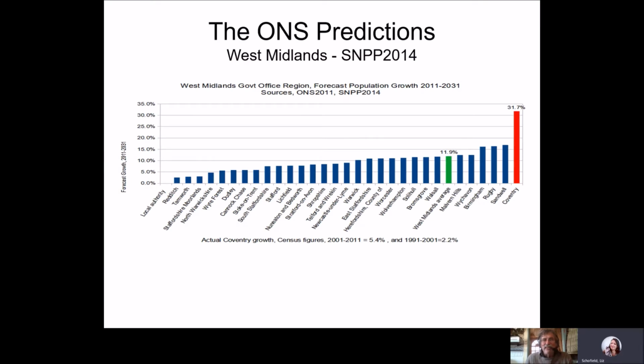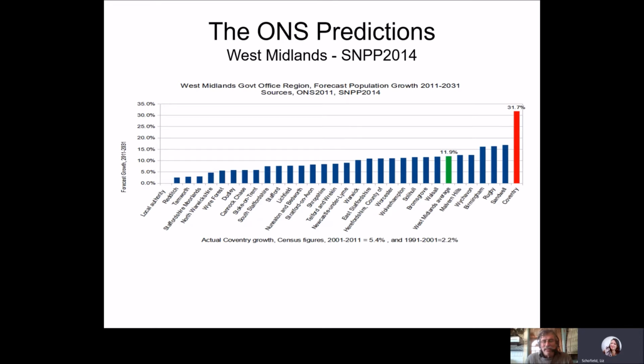So this graph here really tells the whole story of what I'm going to show to you. This graph shows the ONS 2014 predictions for population growth in and around Coventry and in the West Midlands. So all those bars on the graph are the different towns in the West Midlands: Birmingham, Solihull, Sandwell, Warwick, Leamington Spa.